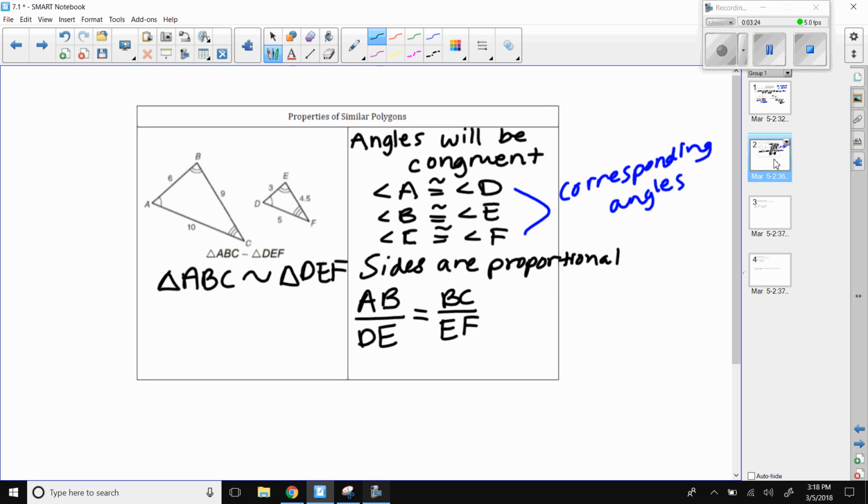Okay, and we can write all sorts of different ones. We can write AB over DE is equal to our other ones. Maybe we want to talk about AC and DF. Or we could talk about these two together, BC over EF equal to AC over DF. So all sorts of different proportions can be written from these side lengths here, and even more when we have a four-sided figure or quadrilateral.